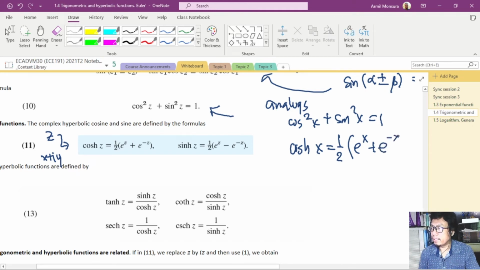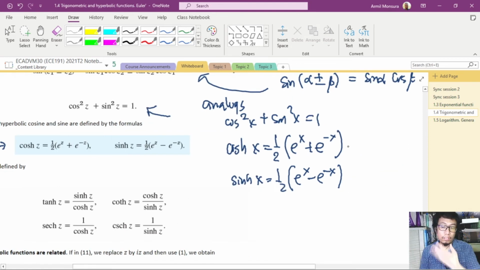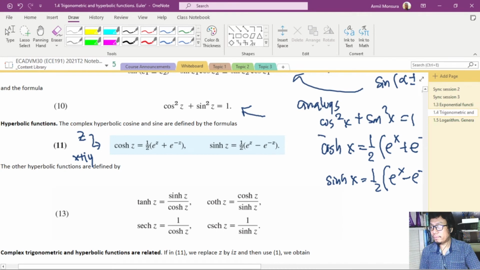And similarly, hyperbolic sine of x is 1/2 of e raised to x minus e raised to negative x, where x are all real numbers. In this case, you have similar formulas for hyperbolic functions in the complex domain.